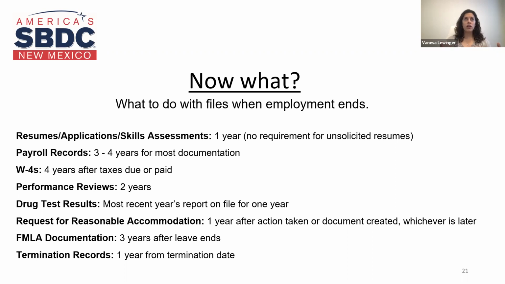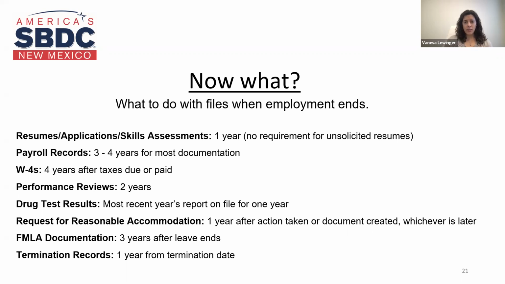So you don't want to just consolidate all the files now that they're terminated and throw the benefits files and the I-9s and investigation information all in the same file because the employee is terminated. No, we still want to keep them in their separate sections, but we do want to remove them from the main active employee population of files, just to make sure that there's no confusion. And again, you're protecting information, there's no misuse of that information, and you're not violating any applicable laws in any way.